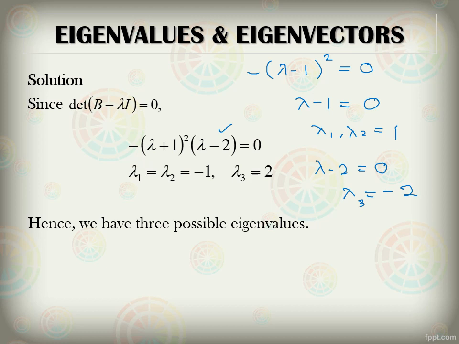So now you have two eigenvalues that have the same value, which is 1, and you have one different eigenvalue, which is minus 2. So here you will perform GEM two times to find the eigenvectors, where the eigenvectors for lambda 1 and lambda 2 are equal.